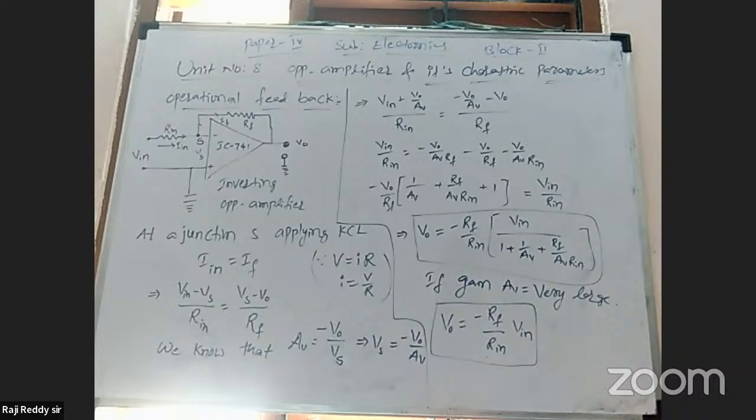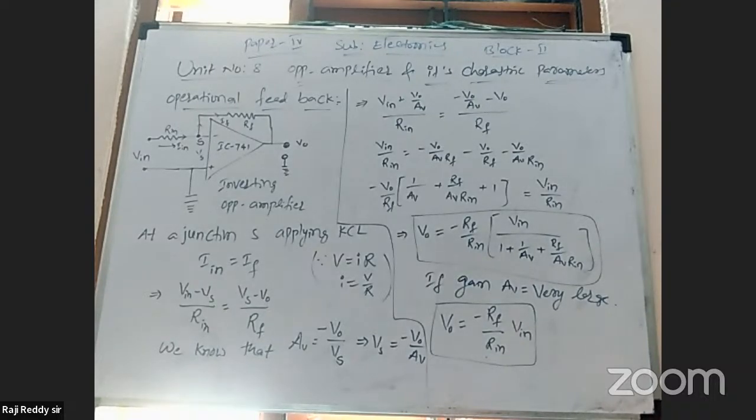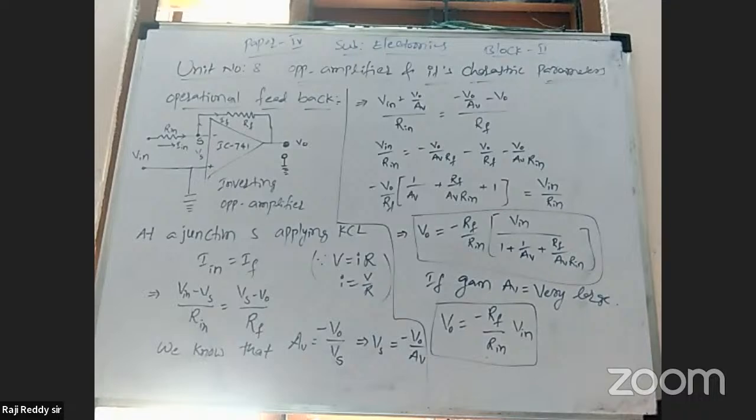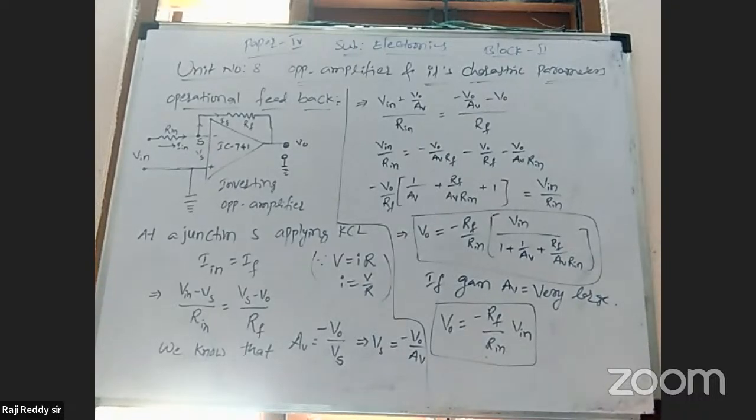Nothing but I is equal to delta V by R. Substituting that value, you will get Zs is equal to Rf by (1 plus A), where A is the voltage gain, output voltage by input voltage, that is V naught by Vs. You can expect this much in the 5 markers. They'll ask, explain virtual ground in operational amplifier. That much is enough.